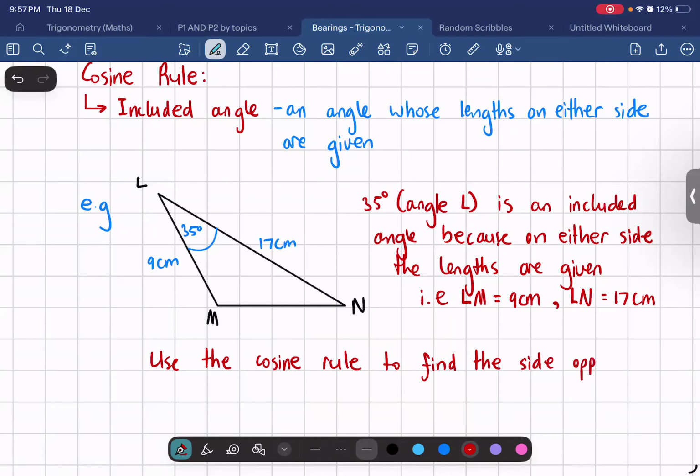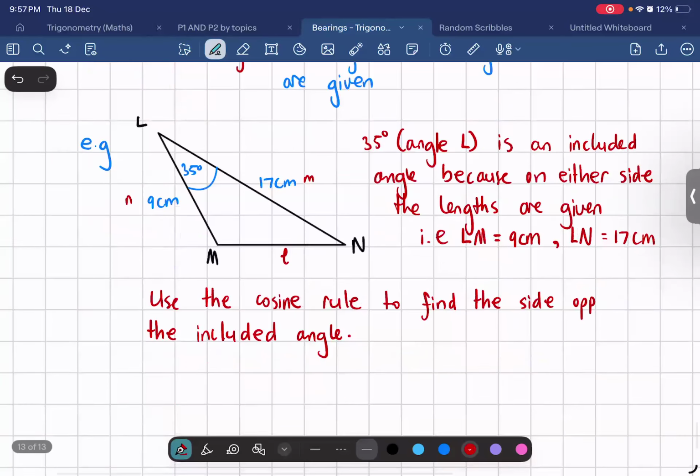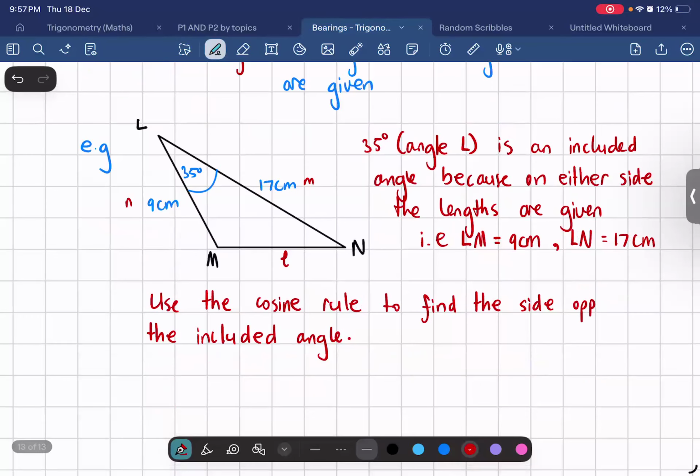Logically, if you look at this diagram, it only has one side we could really find, and that is little l. So this would be little m, this would be little n, this would be little l. So you'd use the cosine rule to find little l.